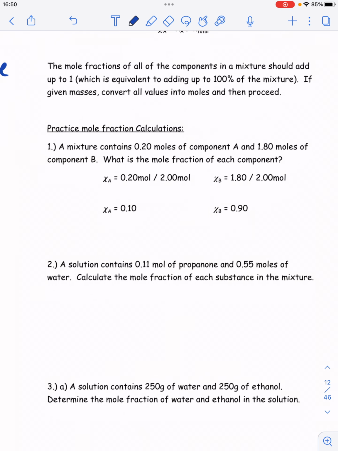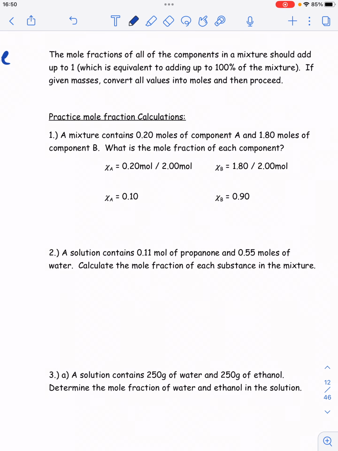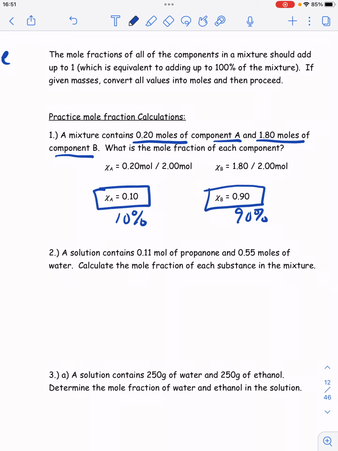So as an example, if you have a mixture that has 0.2 moles of component A and 1.8 moles of component B, then we can see that basically 10% is A and 90% is B in terms of the particles, in terms of the moles. So a mole fraction is really just looking at a percentage out of the total moles, but it's not written as a percentage, it's written as a decimal. We've got a mole fraction of A is 0.1, and we've got a mole fraction of B is 0.9.